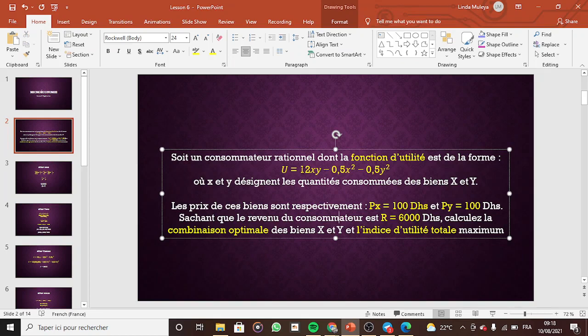In the previous lesson, I showed you how you can find the answer to this question using the function of utility, but I showed you also a simpler method where you just use the prices of the goods to find your ratio, which is pretty similar to what we saw in the first section of our course. But even though the question had an error, I noticed that most of you had a good grasp on that particular method, so that was good, and you should keep that one in mind.